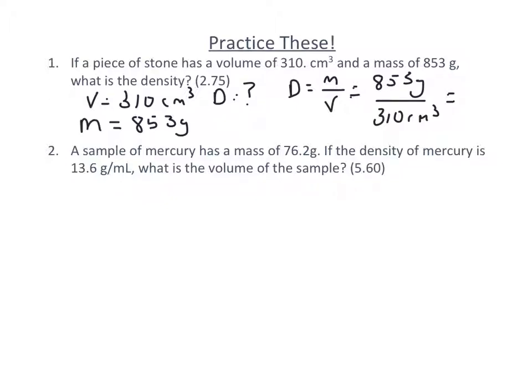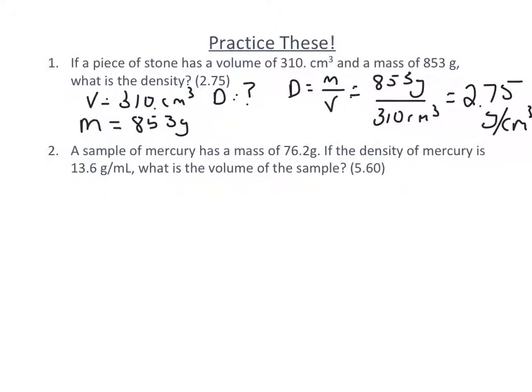I'm going to use this step over here for sig figs. This number has 3 because of the decimal point, which I forgot to write. Sorry. That number has 3. This number has 3, so I should have 3 in my answer. So that's where that 2.75 grams per cubic centimeter comes from.